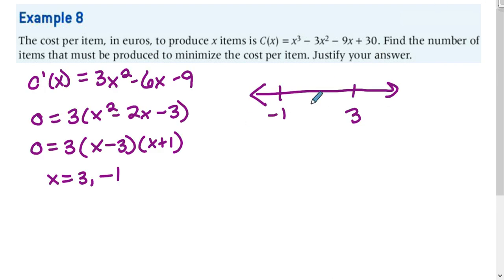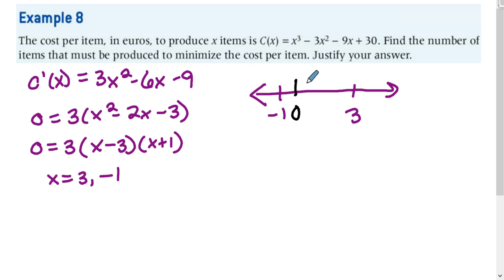Now be smart about your sign diagram. We're talking about items. So in my sign diagram, I have this value out here at -1. I cannot have -1 items. Therefore, it's really going to stop at 0. Okay. Now it doesn't matter because no matter what, it's going to be the same negativity through here. We're only looking at minimizing a cost. We don't have a bunch more zeros, so we do have to be careful if this kept going in one direction or the other.